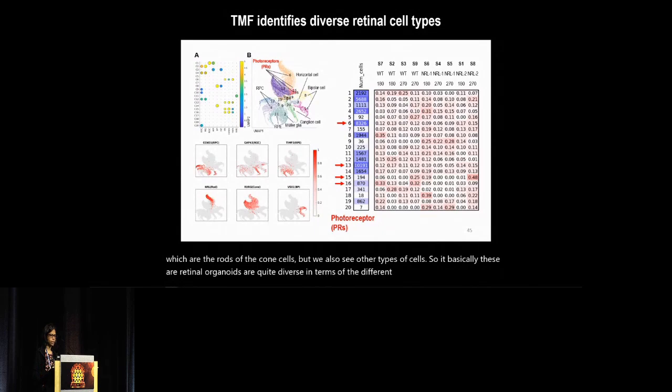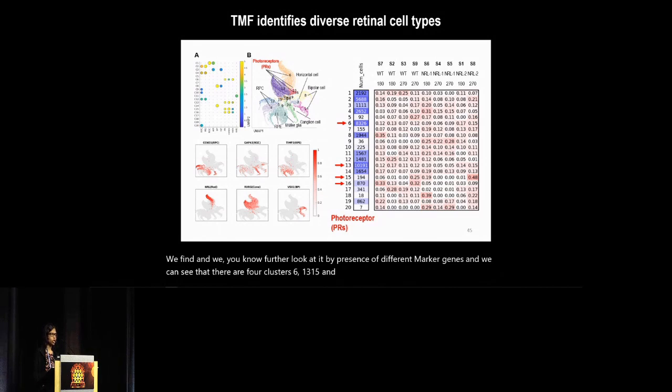It captures a nice spectrum of different cell types. But the ones we are more interested in are the photoreceptors, which constitute the majority of these cell types. We further look at the presence of different marker genes, and we can see that there are four clusters, 6, 13, 15, and 16, that we call photoreceptors.